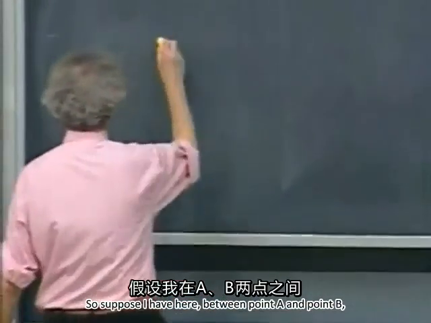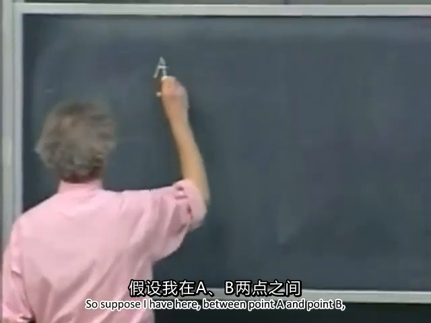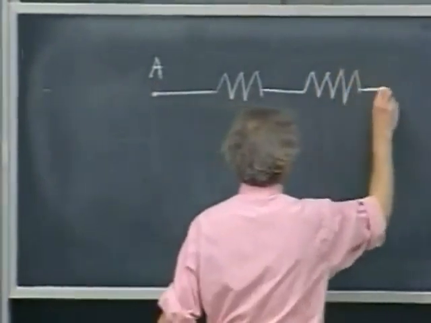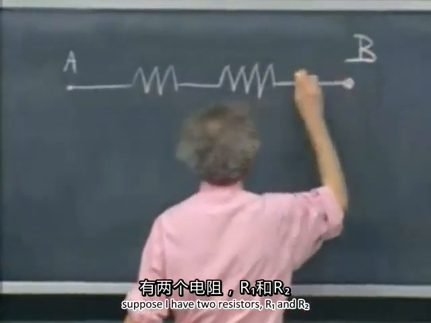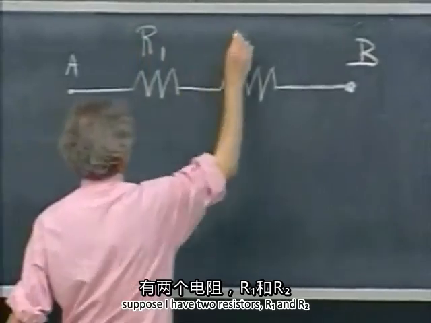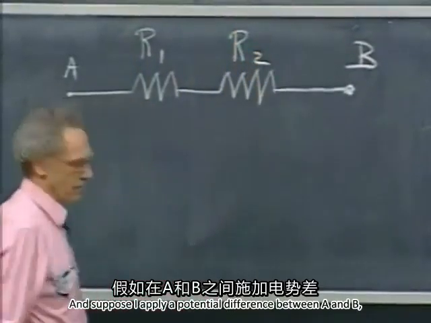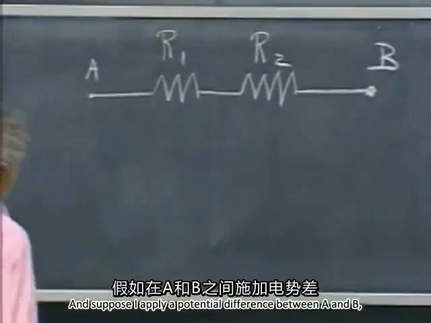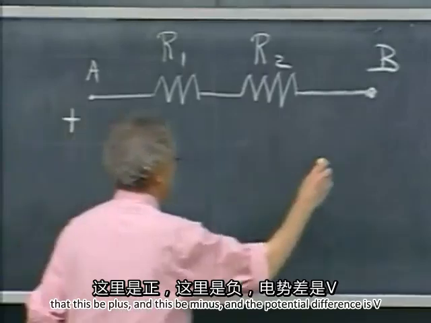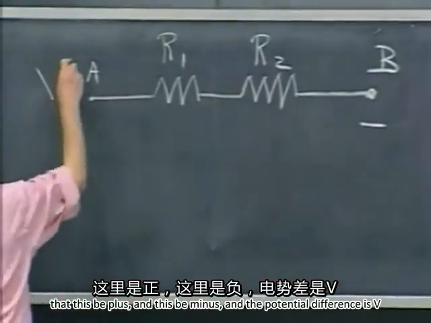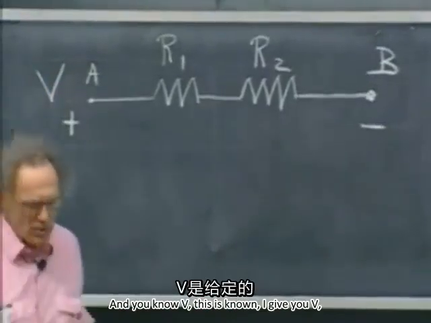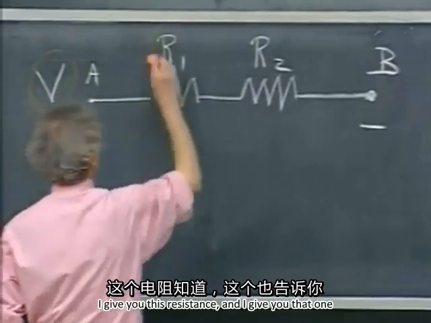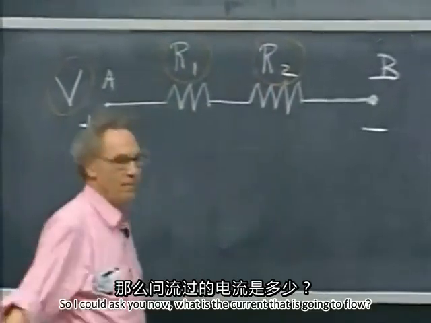So suppose I have here, between point A and point B, two resistors, R1 and R2. And suppose I apply a potential difference between A and B, let this be plus and this be minus, and the potential difference is V. And you know V, this is known, I give you V, I give you this resistance, and I give you that one.